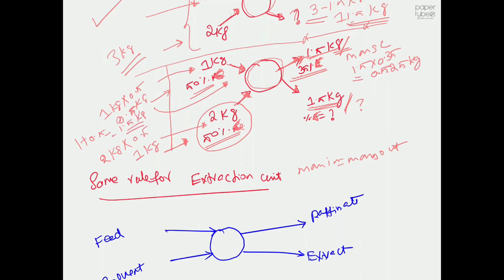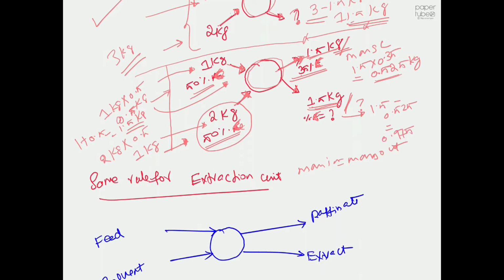So here it should be the same. So here if it's 0.525 kg, the amount of C in this stream must be 1.5 minus 0.525. So that will be equal to 0.975.